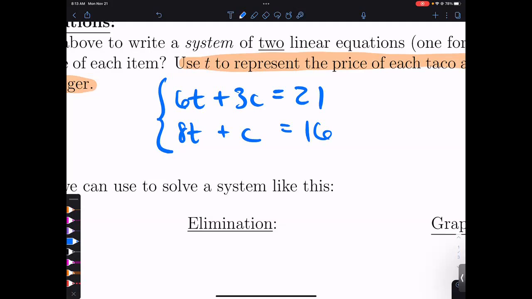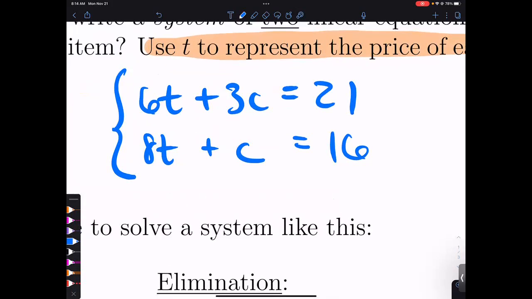Okay. Now, how could we go about solving a thing like that? Any ideas? Don't worry about what to call the thing. Just any ideas about how we could find a T and a C pair that go together, that make both of those equations true at the same time.